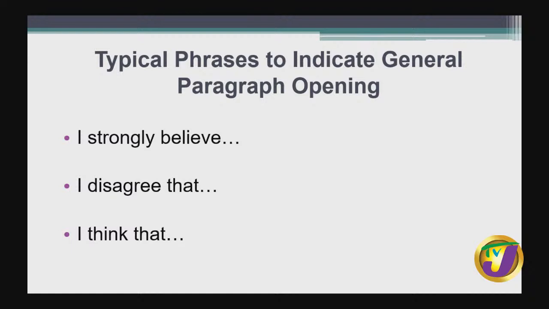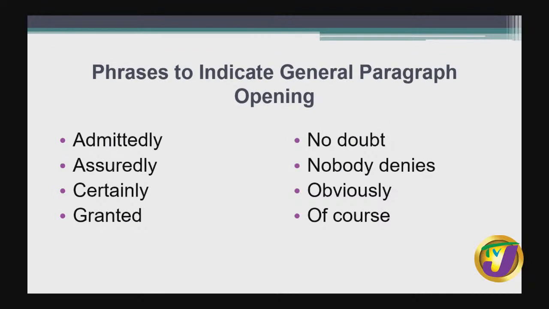So on your screen now, you're seeing some ideas of what you normally would use. So you could normally start by saying, I strongly believe, or I disagree, or I think that, or any other of those typical phrases. Now keep in mind, you don't have to use those.